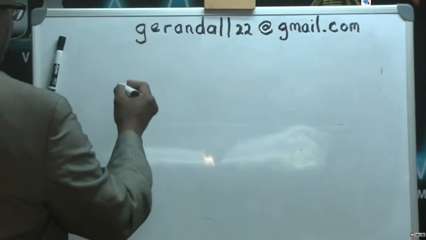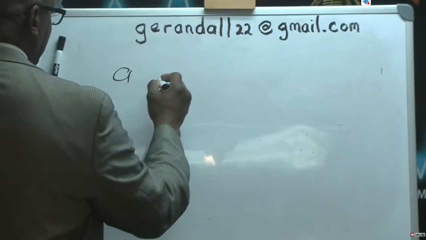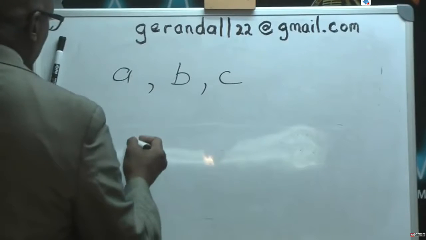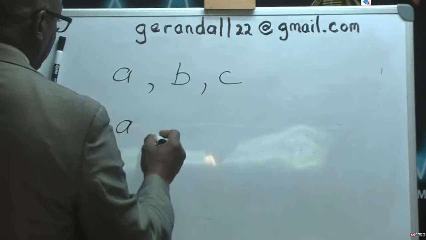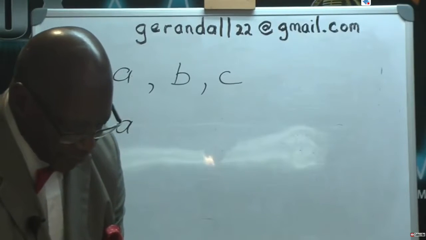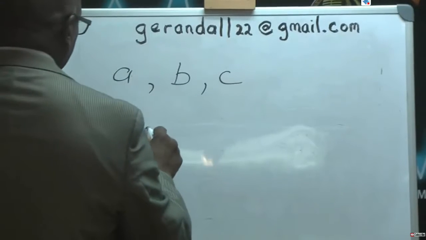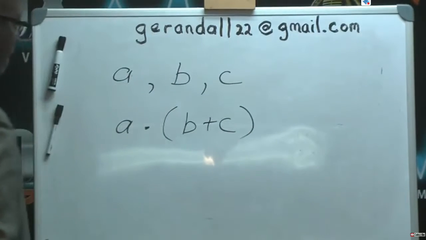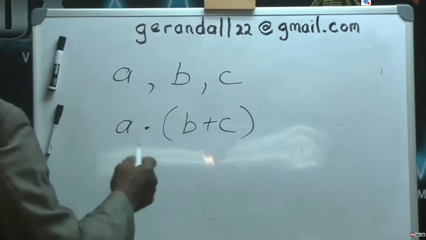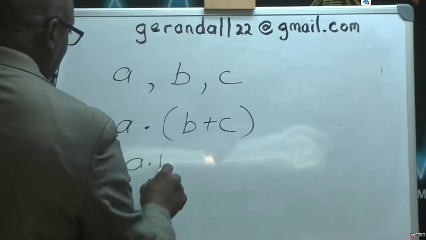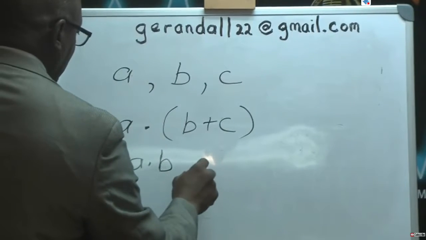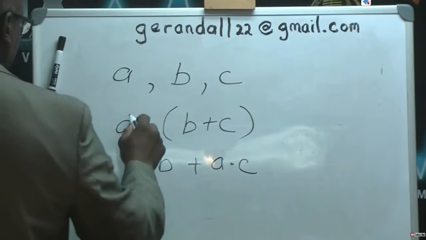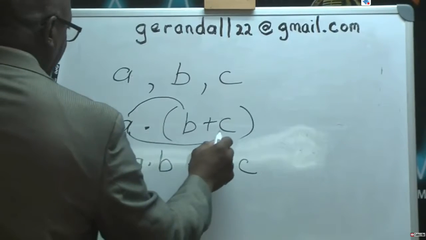For example, if you have three numbers, A, B, and C, and you wanted to multiply A times the quantity B plus C, you could distribute it by multiplying A times B plus A times C. In other words, we do this: A times B, A times C.